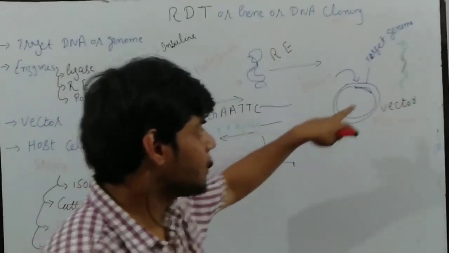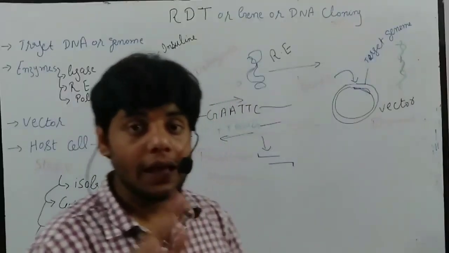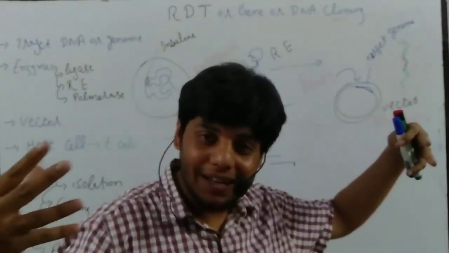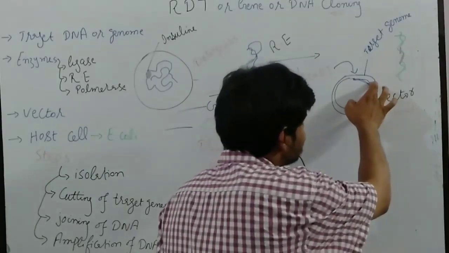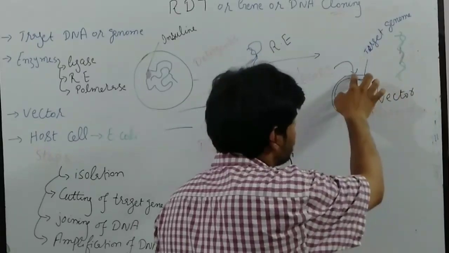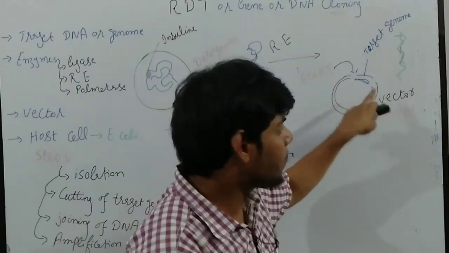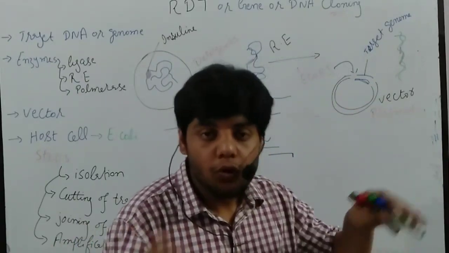Once we insert our target genome, it is still not completely linked. Let's say the vector is just bound here, but it is not sealed. As you are watching, the strands are not sealed with each other.